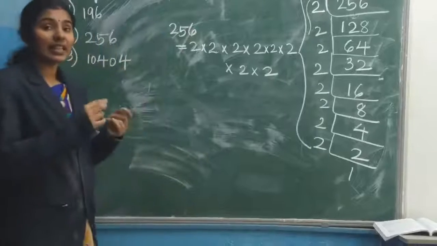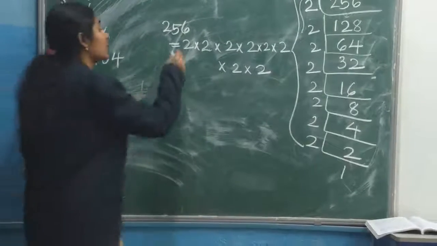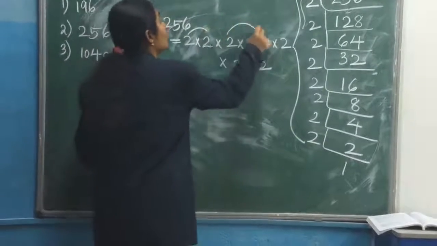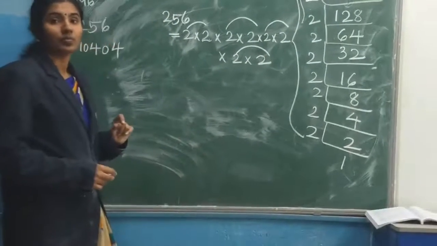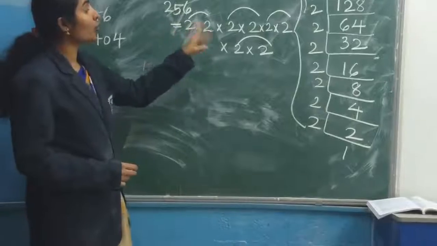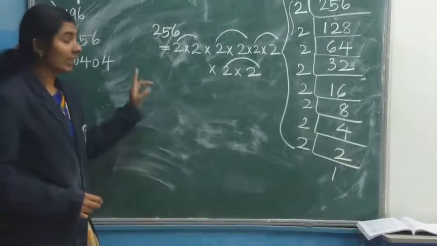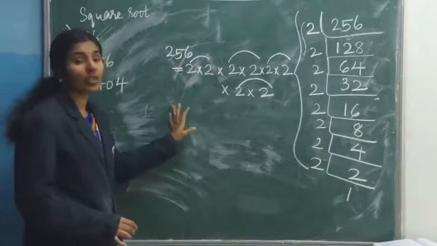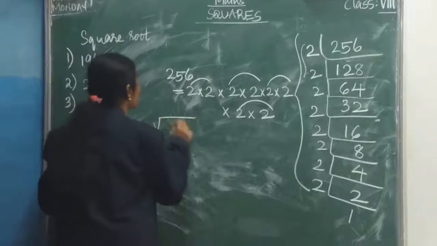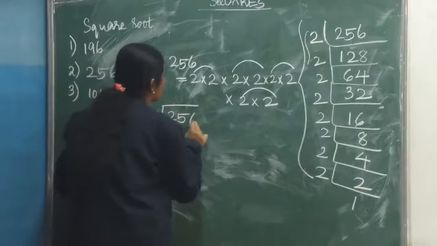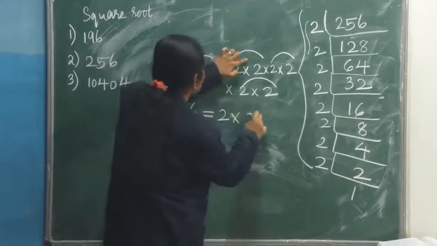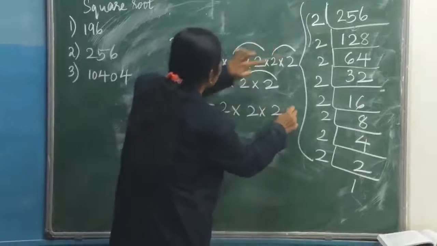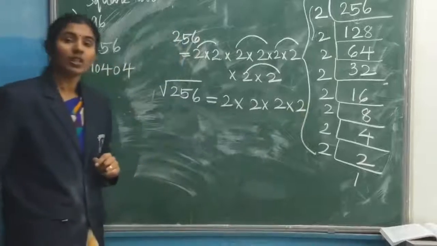Next, see each pair of same numbers. See here, 1, 2, 3, 4. 2 is coming 4 times in pairs. So, what is the square root of 256? From the first pair we are taking 2, second, third and fourth.